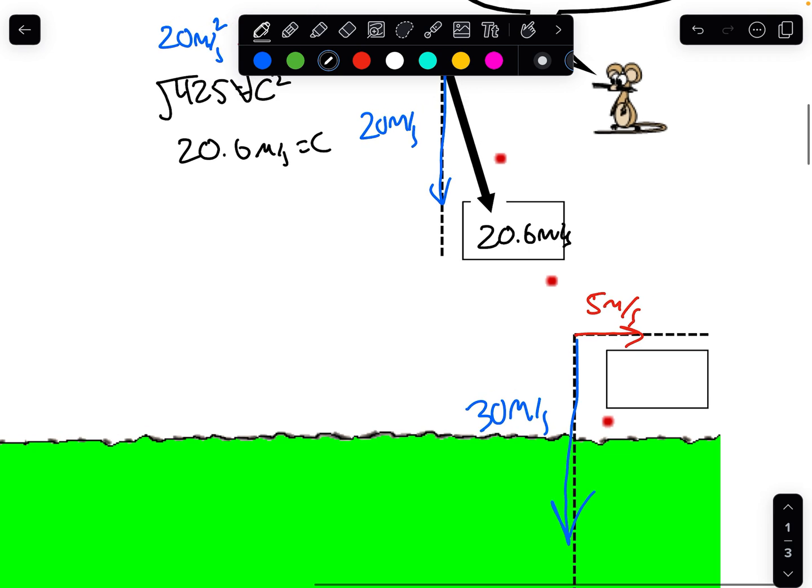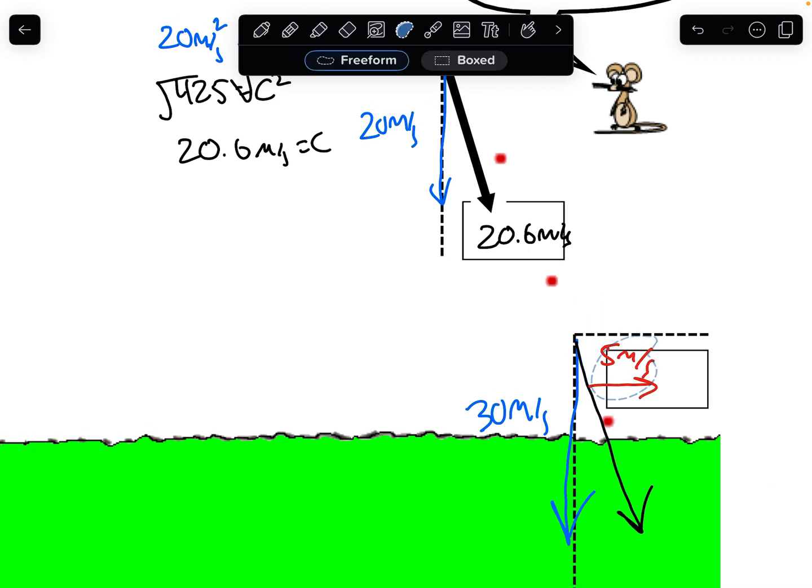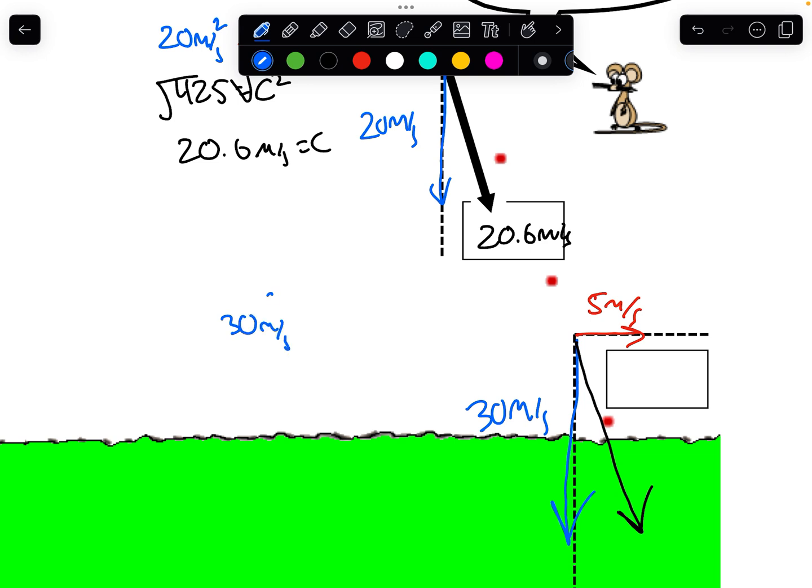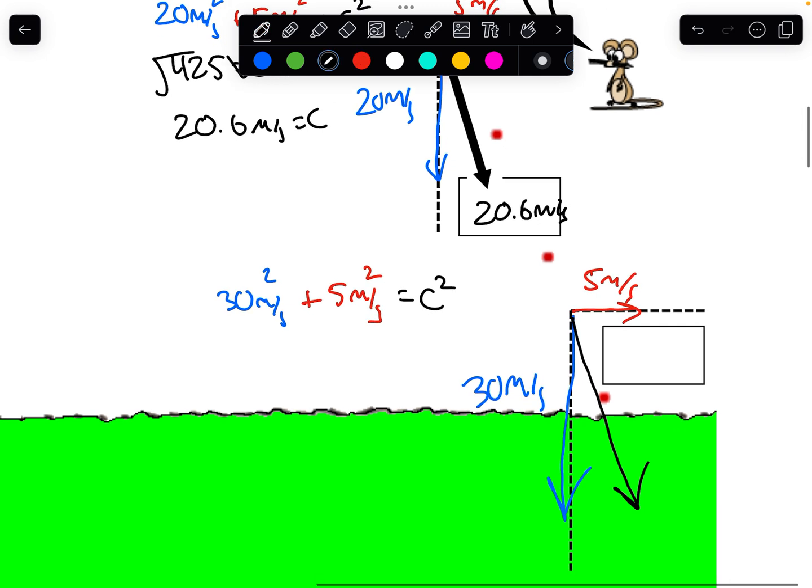And then our final vector is going to be something like this. Again, we take our horizontal and vertical components, and those give us our total velocity. We're going to be going even faster here, of course, because we've sped up vertically to 30 meters per second. So we'll square that, plus our 5 meters per second of horizontal velocity, and that will give us our total velocity.